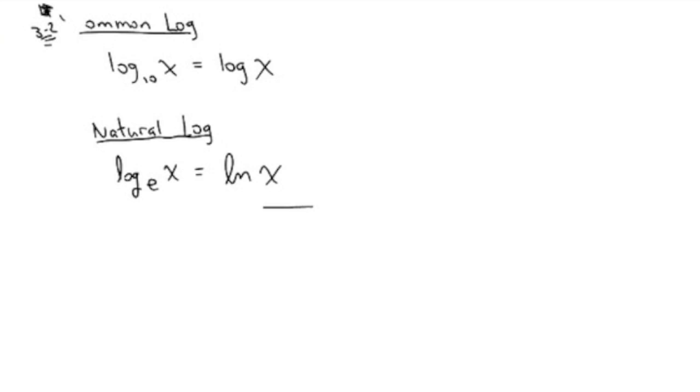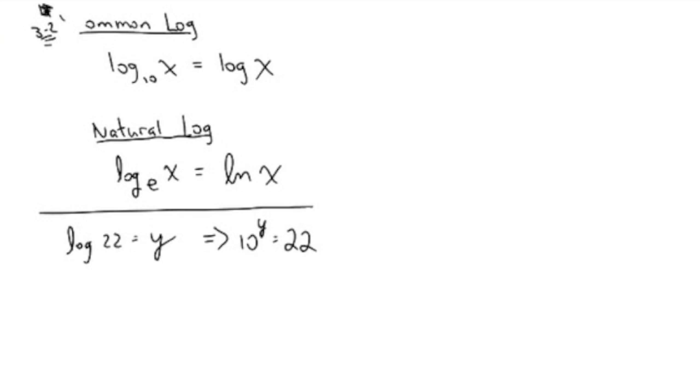So if I write something like log of 22 is equal to y, how do I change it to an exponential? 10 to the y power equals 22. The base is 10, the power is y, and it's equal to 22. If you see 7 equals ln of x minus 1, how do I change it to an exponential?